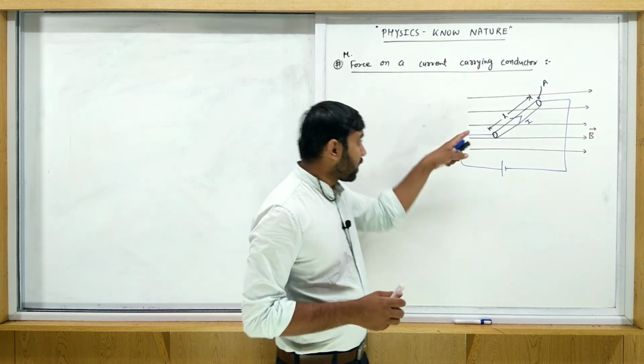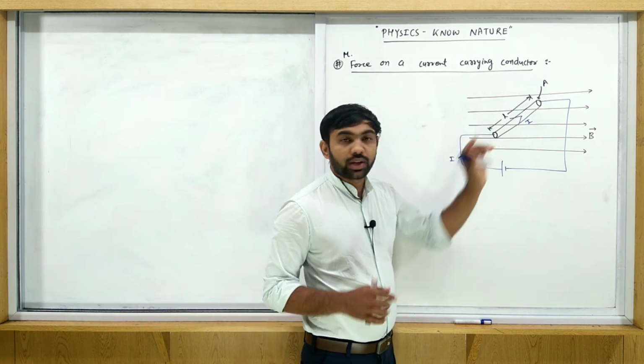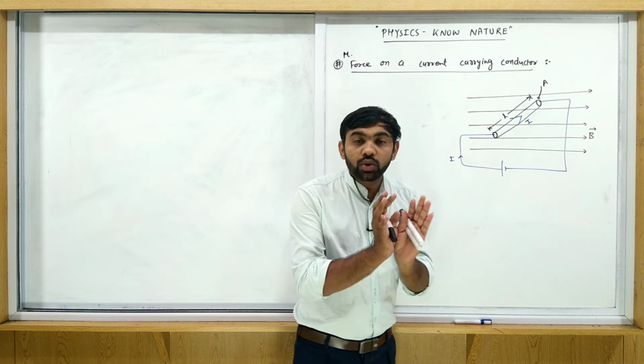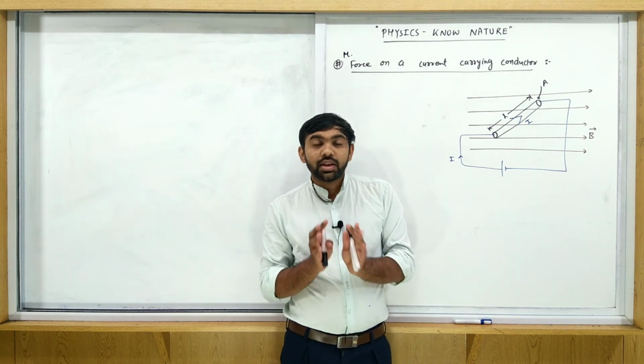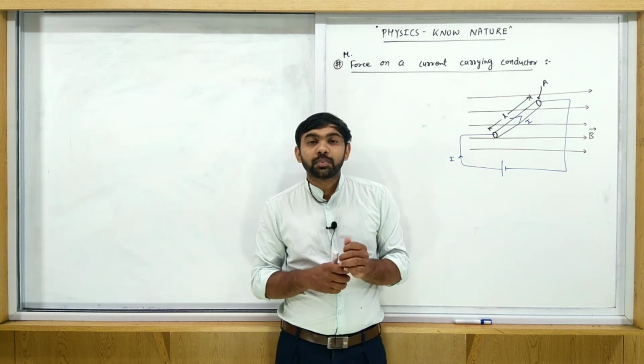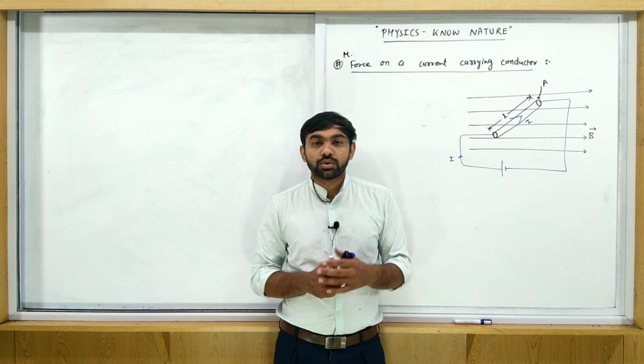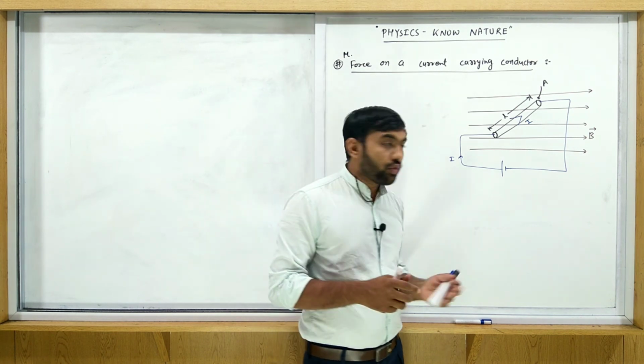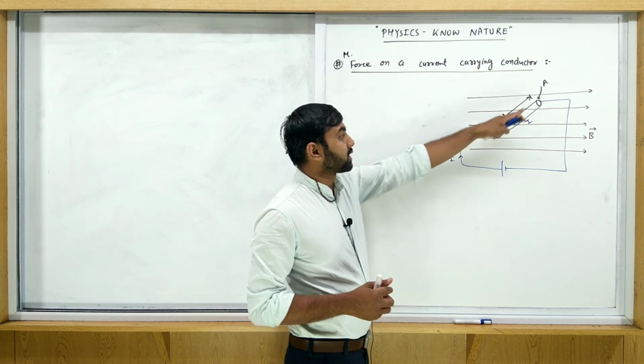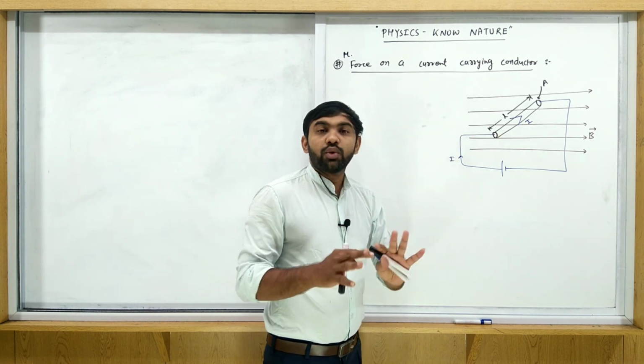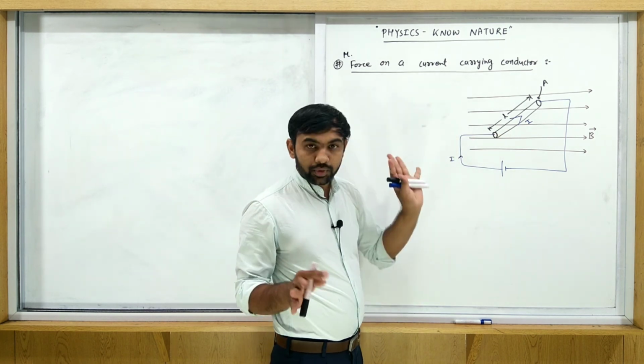All the electrons present inside are moving with Vd. If charges are moving, some force is produced on the charges. The force produced on all the charges is equal to the force on the conductor.